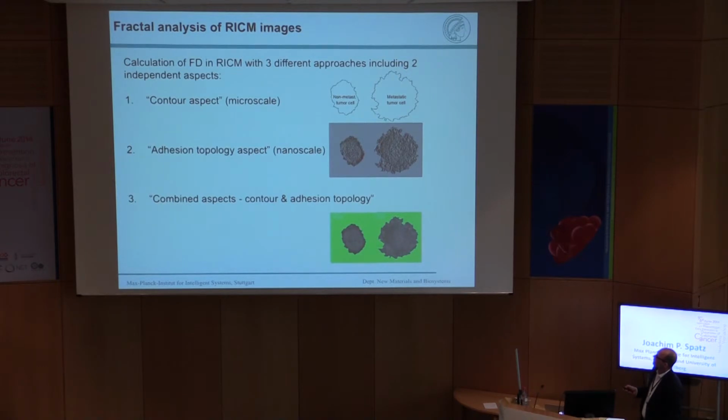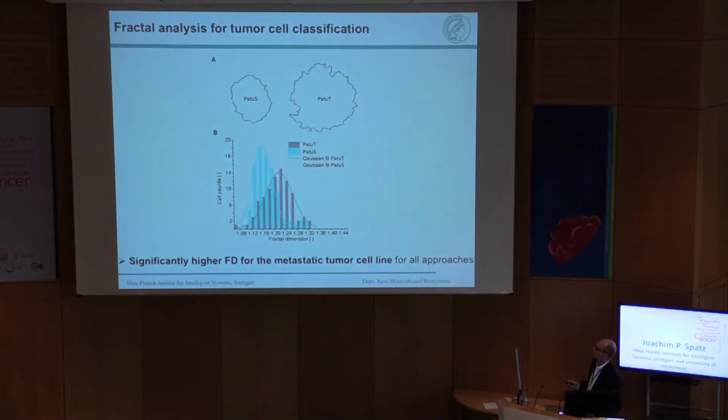And these are now two examples where we measured the contour. This is Pat2S and this is a Pat2T cell. We measured also the variation of membrane height, which we see here in the different gray scales. And you can also combine these two independent measures to get the combination out of this.